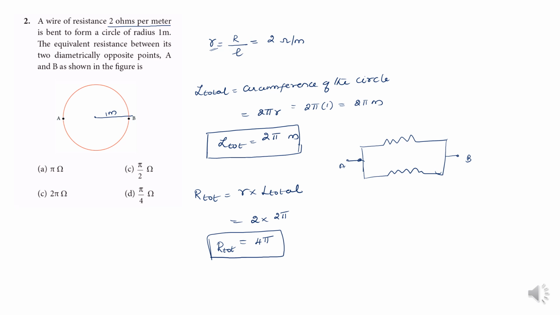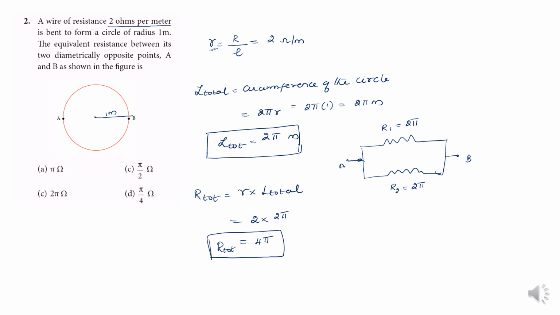So the total resistance is 4 pi, and this AB divides the circle into two equal halves. So this total resistance is again split into two equally. Let the upper portion be R1. R1 is equal to 2 pi, which is nothing but half of the total resistance 4 pi. Here R2 is again equal to 2 pi.